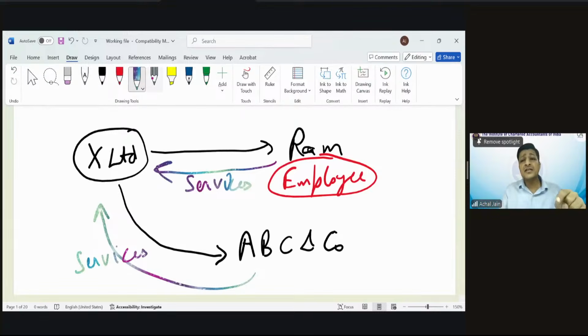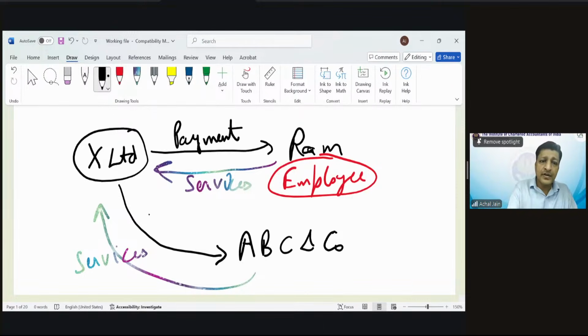In both the cases, X Limited will be making some payment to the counterparty. X Limited will make monthly payment to Ram. Let's suppose ABC is also on a retainership basis, so X Limited will also be making the payment to ABC and company. So the payment pattern is similar, and services are also, let's suppose, similar.